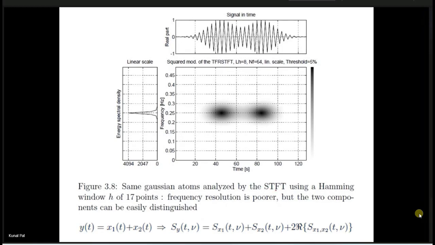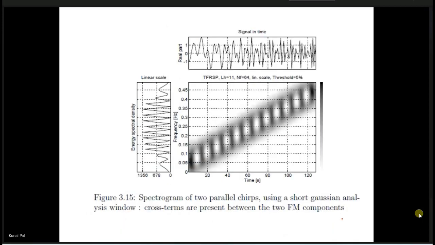The short time Fourier transform is regarded as the spectrogram. If you have two components, say x1 and x2, then in the spectrogram you will have not only the spectrogram due to x1 and the spectrogram due to x2, there will also be a cross term of the spectrogram, S of x1 x2, and that is what we have seen in these lines.